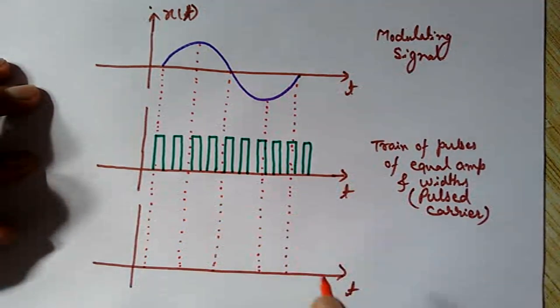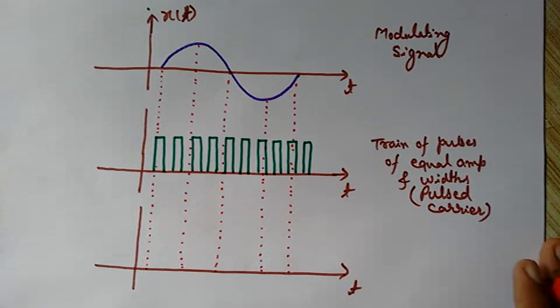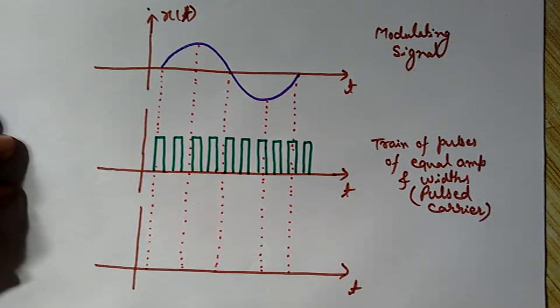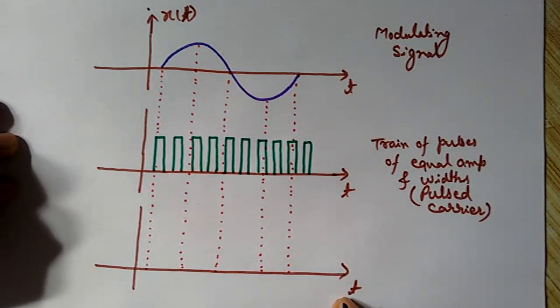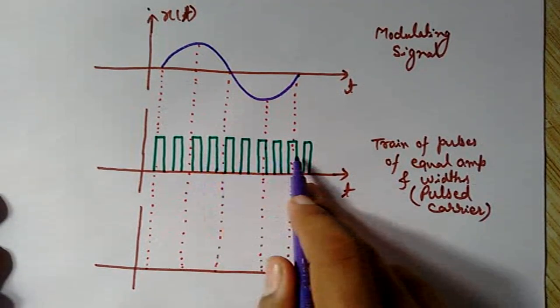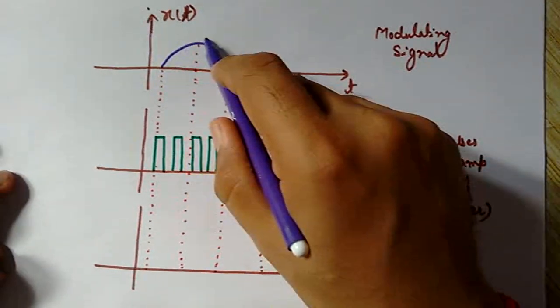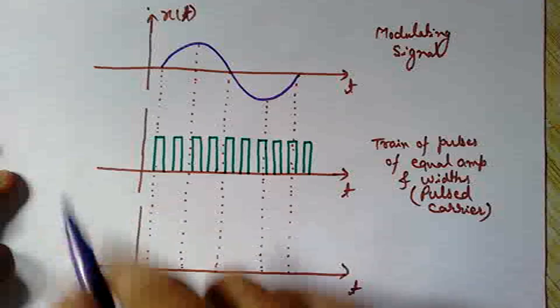We can draw the graph easily and analyze it properly with the help of these dotted lines. As I told you in the definition of PWM, the width of the pulses of this pulsed carrier wave varies as per the changes in the amplitude of this modulating signal.